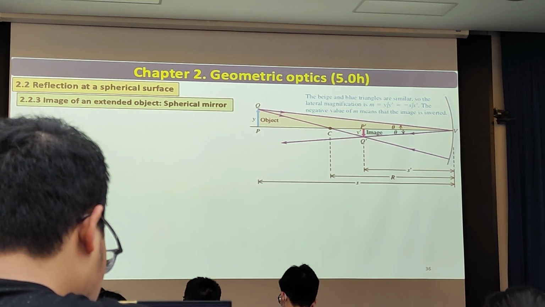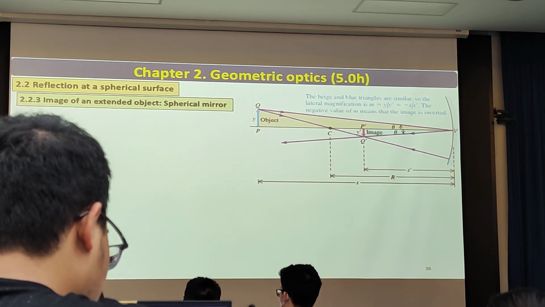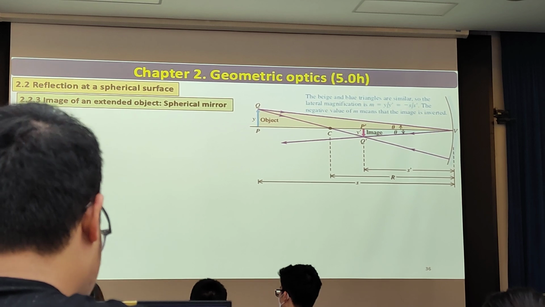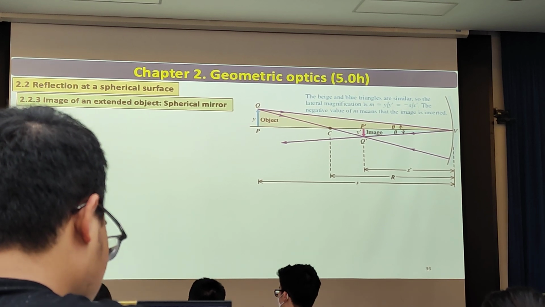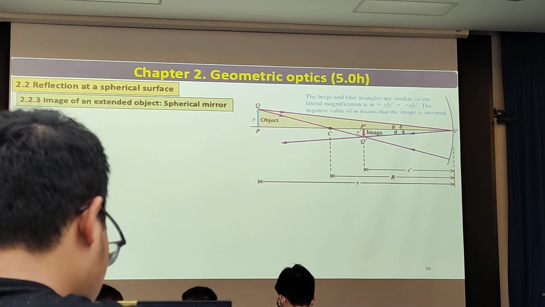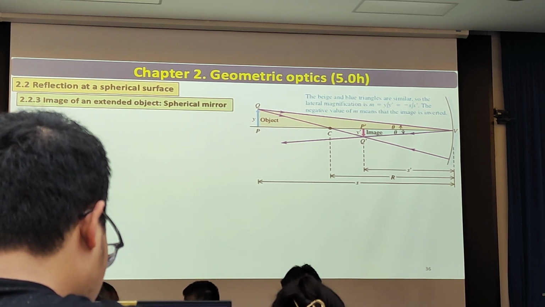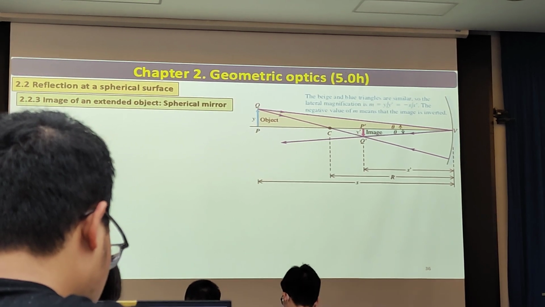You agree? Okay. And also the second special ray you should use is the ray coming to the mirror passing by the center of curvature. In that case, the normal will be on the same line, and then it reflects back. Yes.